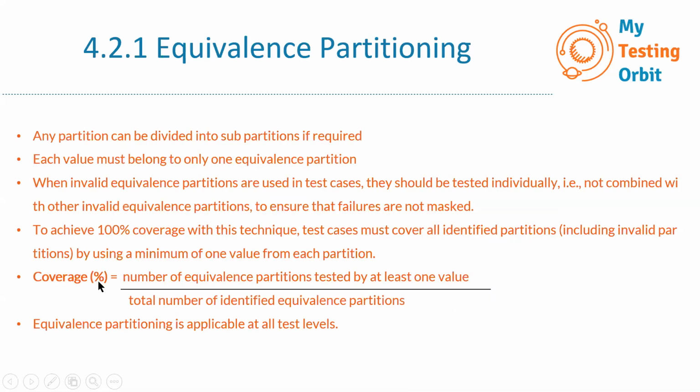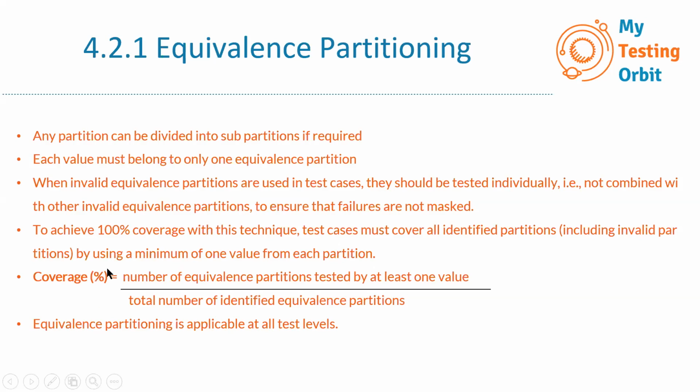The next one is that equivalence partitioning is applicable at all test levels. So all the test levels which we earlier covered, component, integration, system, acceptance, we can use this technique of equivalence partitioning in all of them.